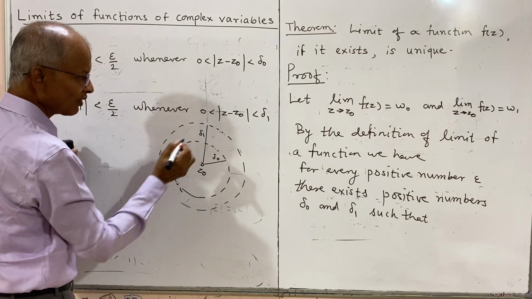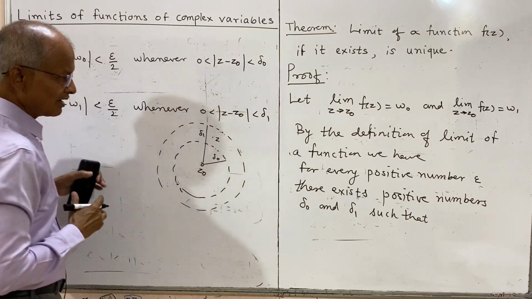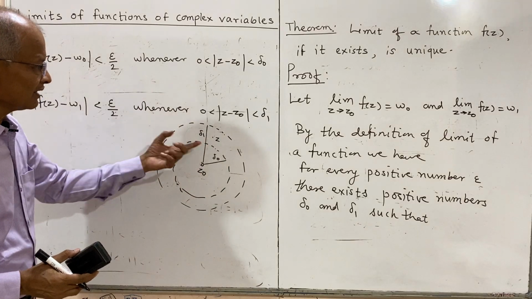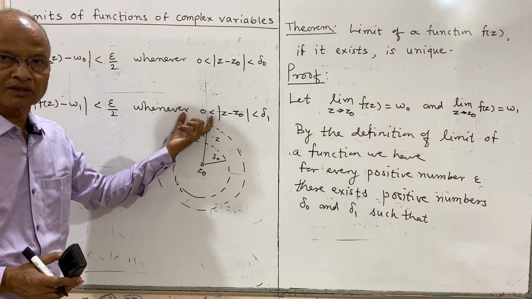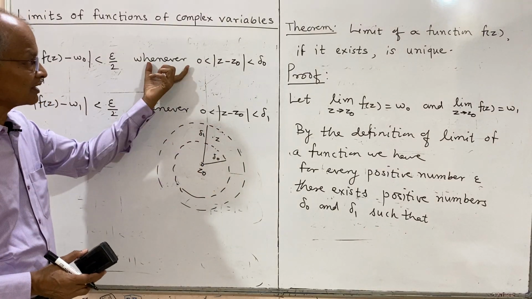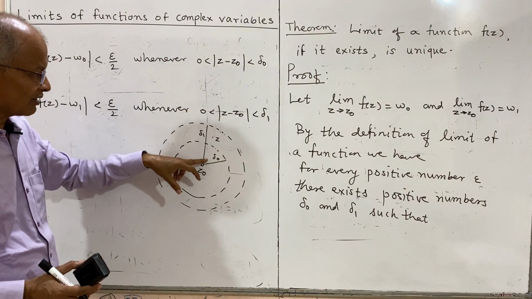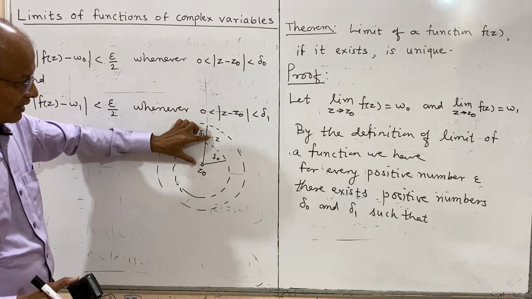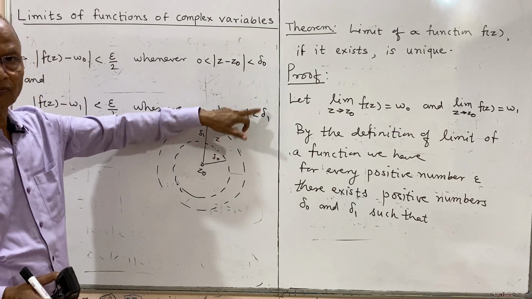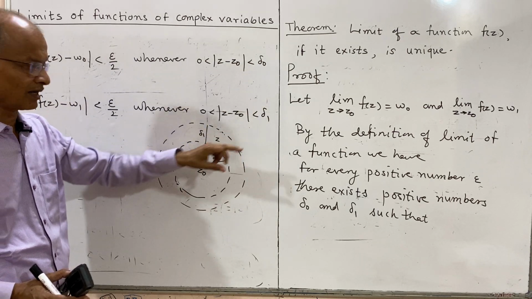Now, what will happen for this value if z lies here? If z lies here, then that z will satisfy this condition, but it will not satisfy this condition, because it is not within delta naught distance from z naught, and therefore we have to select the smaller of these two, delta naught and delta 1.